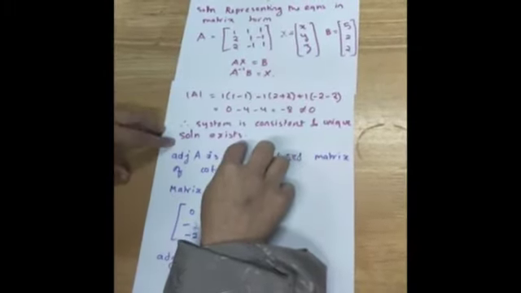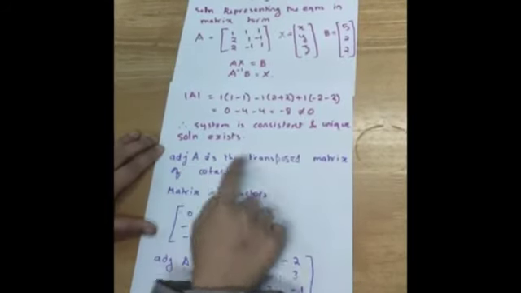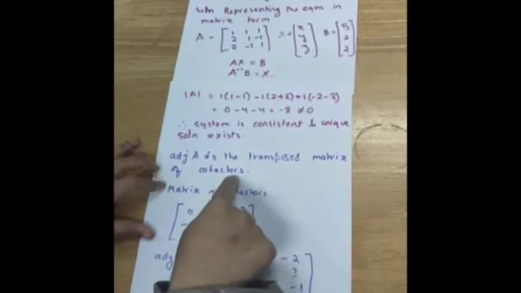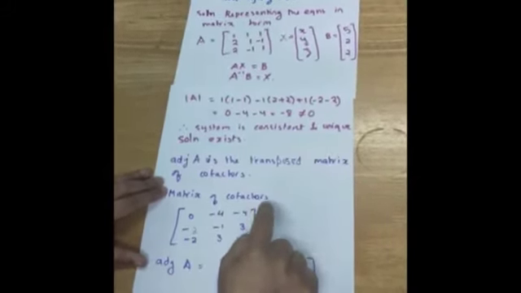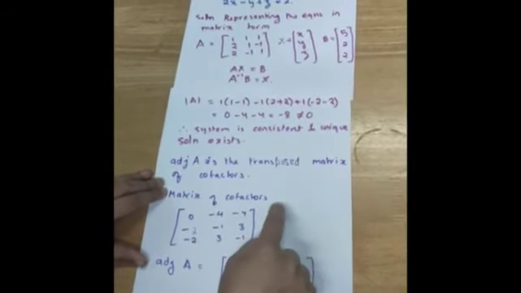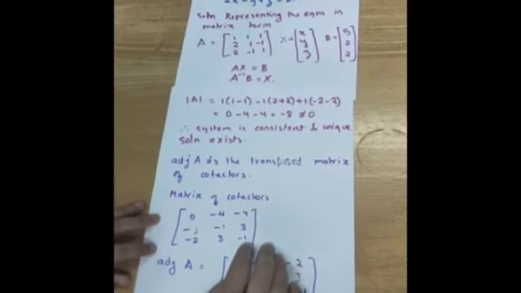So next step, we find the adjoint, and we know that the adjoint is the transposed matrix of cofactors. Therefore we start by finding our matrix of cofactors. How to find the matrix of cofactors has been covered in previous lectures, so I have directly given the matrix of cofactors here.